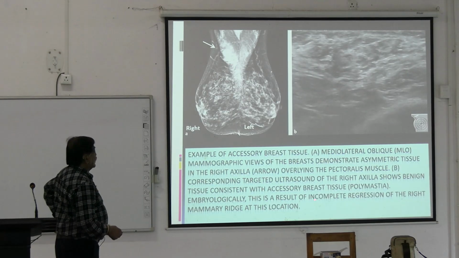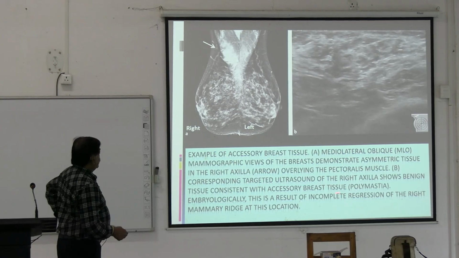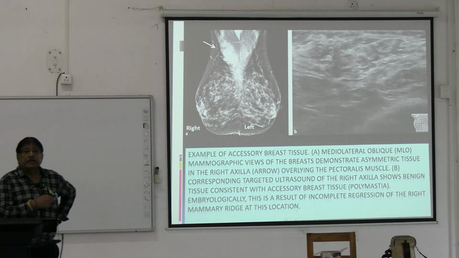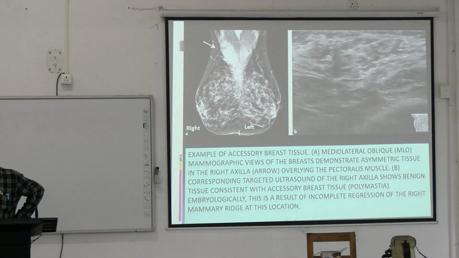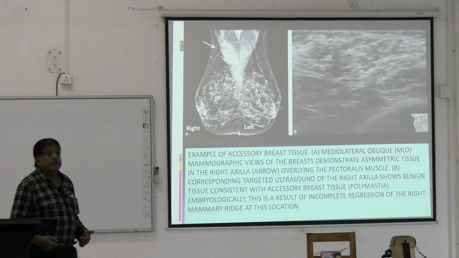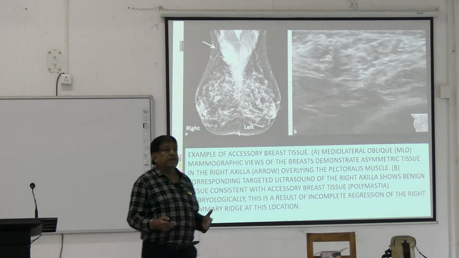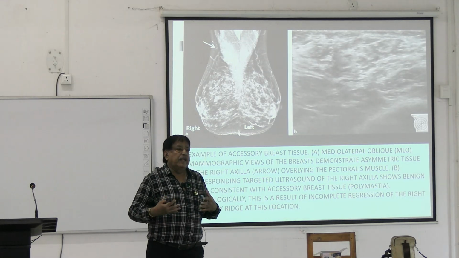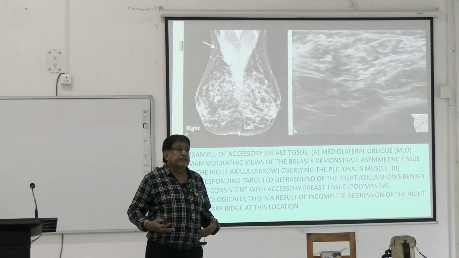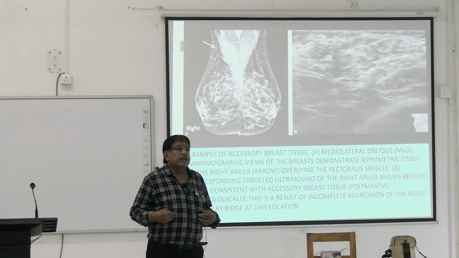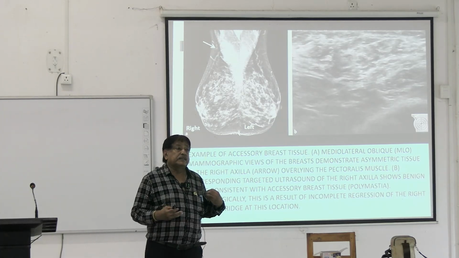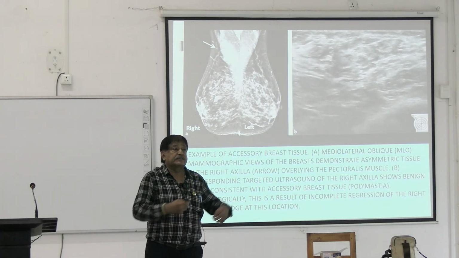Embryologically, this is a result of incomplete regression of the mammary ridge at this location. The picture I showed you, the slide on the mammary line, male and female both have, but in the male it all descends, the mammary line, the accessory breasts, they vanish, but there can be a triple breast in the axilla.